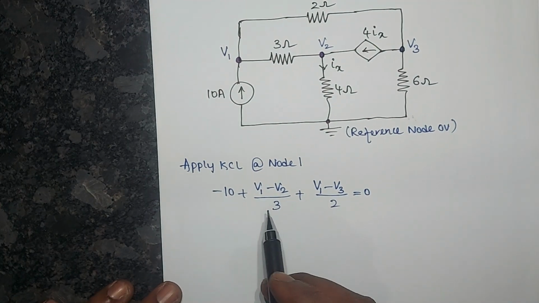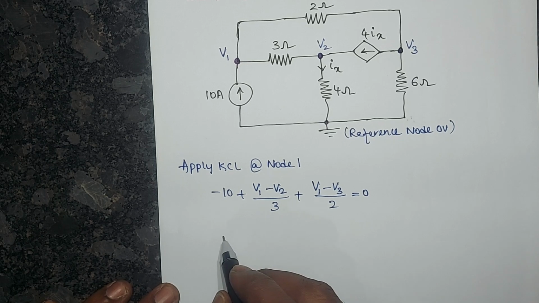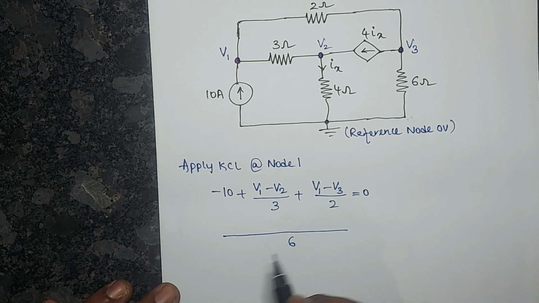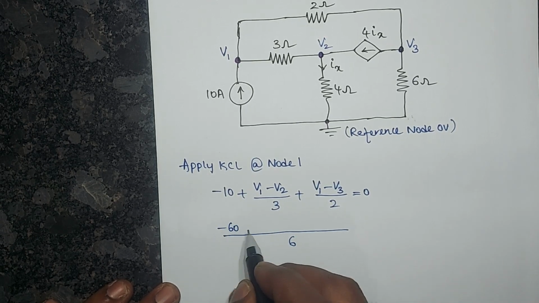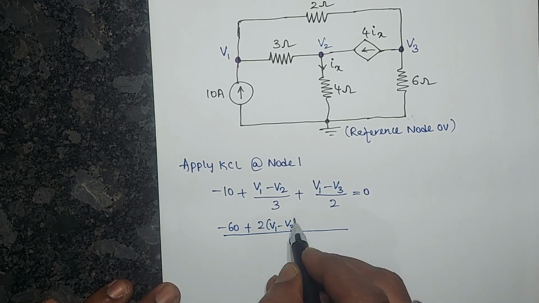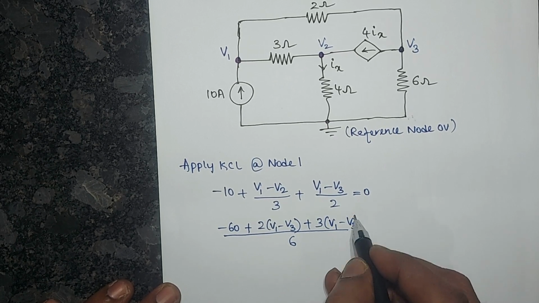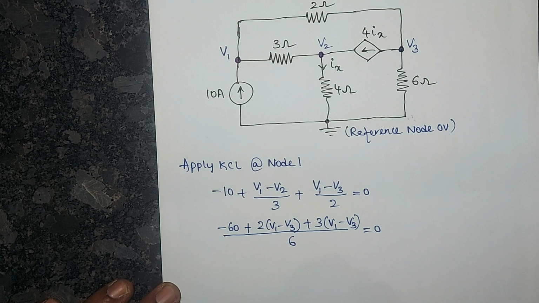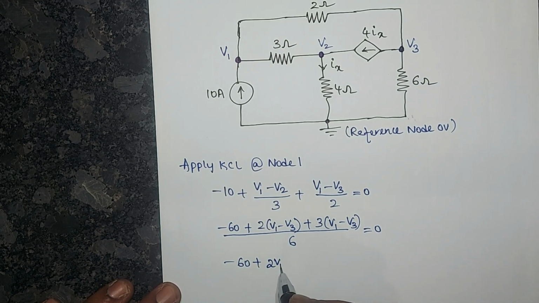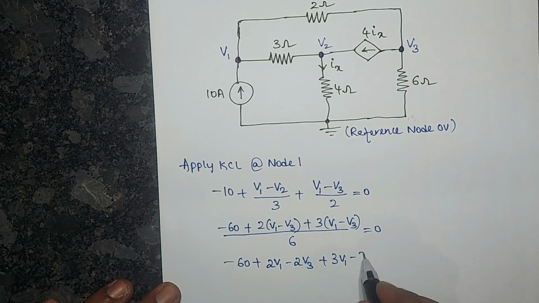Now simplifying this, taking the LCM of 3 and 2, we get 6: minus 60 plus 2 into V1 minus V3 plus 3 into V1 minus V3 equals 0. So it is minus 60 plus 2V1 minus 2V3 plus 3V1 minus 3V3 equal to 0.